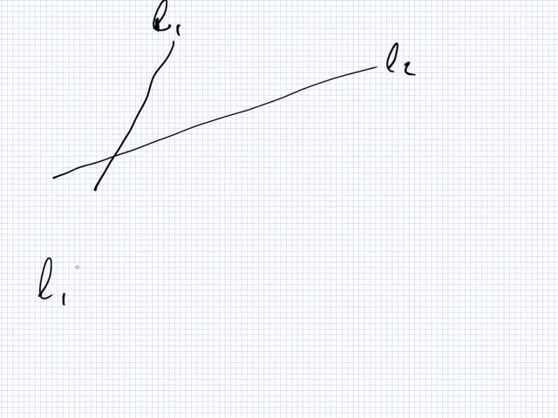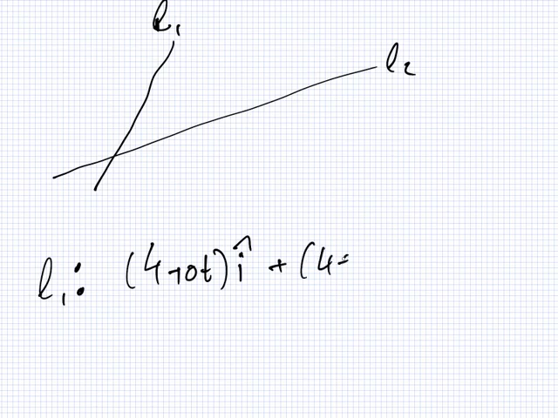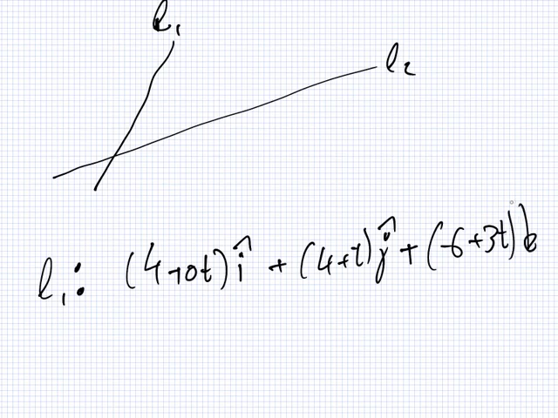For line 1, the equation of the line in this bracket form is (4 minus 10t) i plus (4 plus 3t) j plus (6 plus 2t) k.